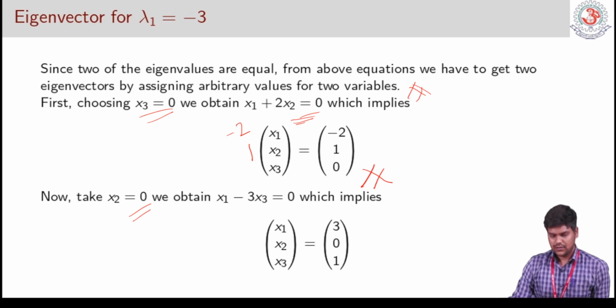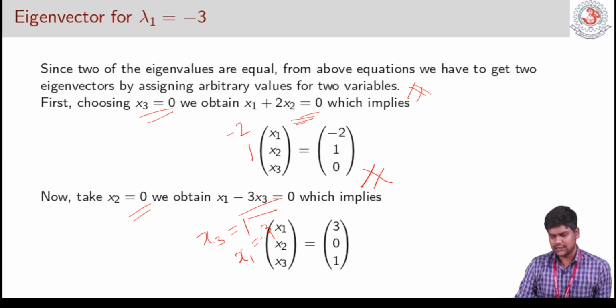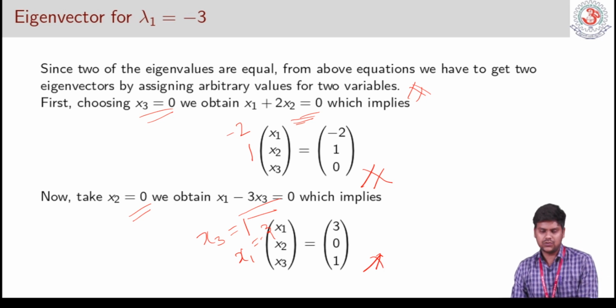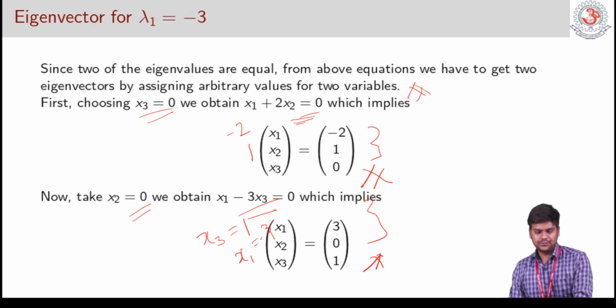To solve this equation, I am going to consider x3 equal to 1. If we give x3 equal to 1, we will get x1 equal to 3. If you put those two values, we will get 0. That means these values are correct. So x1 equal to 3 and x3 equal to 1, and already we know x2 equal to 0. So this is the corresponding eigenvector for lambda equal to minus 3.